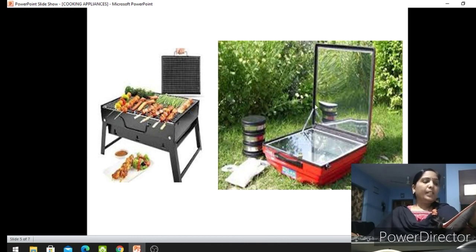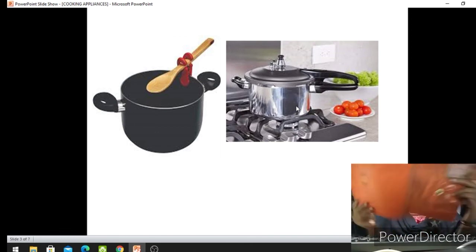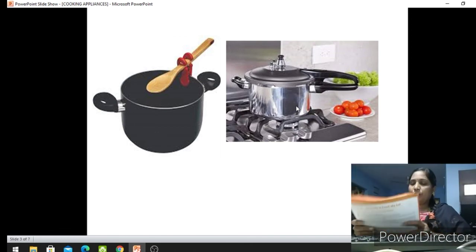Which utensil would you use to boil a potato and why? Definitely the steamer, or else the pressure cooker, we use for boiling potatoes. Why? To save fuel and to make it boil quickly, we use these utensils.